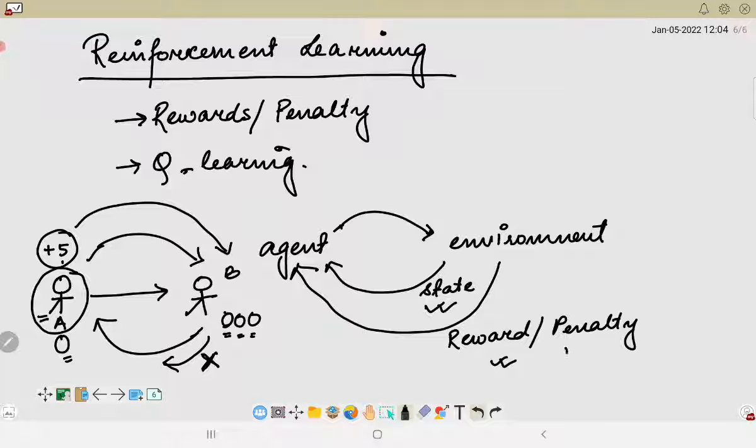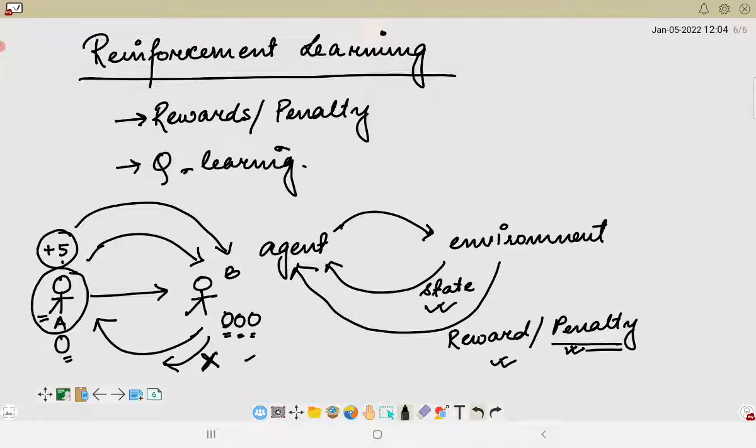However, a penalty is also associated. In this particular example, the penalty was not explicit, but in some other situations there might be loss of money, loss of time, or loss of resources, and at that time there will be a penalty associated with this particular action to the environment.